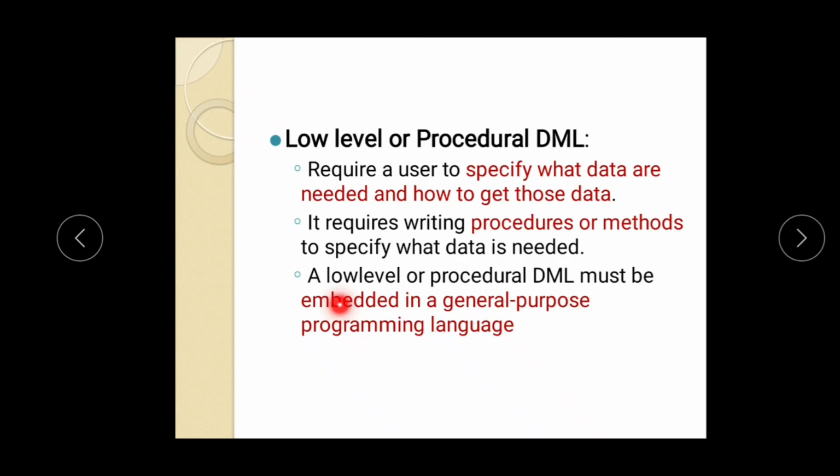This low level procedural DML is embedded in general purpose programming languages. It is integrated along with the programming language, so we can use that programming language to write the procedural DML.